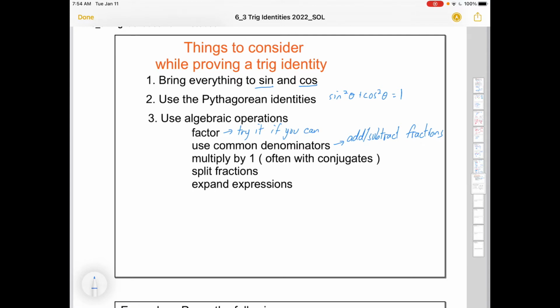Other things I might think about are multiplying by 1. So there's a bajillion ways to multiply by 1. You can multiply by -1 over -1. We've seen that in the last video. The other thing that might help for multiplying by 1 is multiplying by conjugates. So conjugates are pairs like this, a plus b times a minus b.